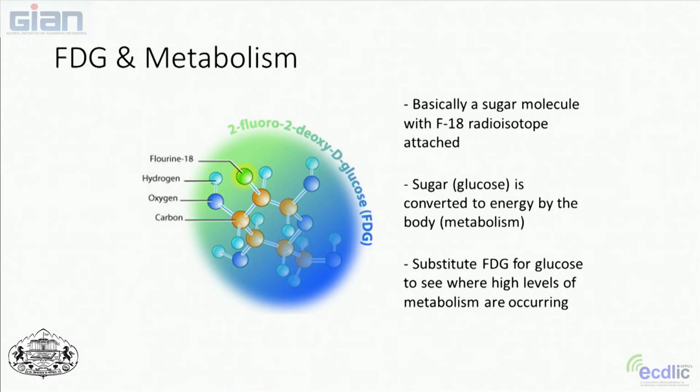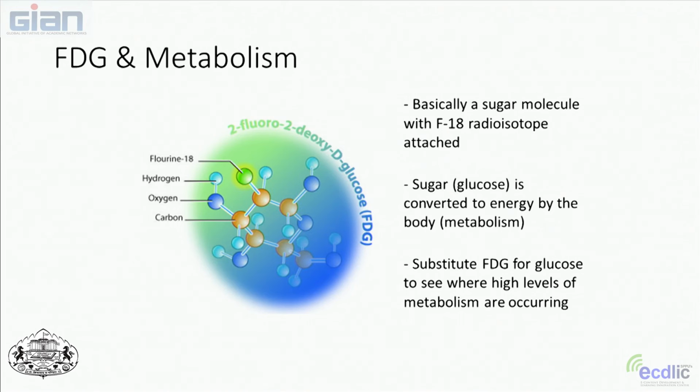So basically, FDG is a sugar molecule with F18 radioisotope attached to it. So it's mimicking the effect of glucose in the body. So we need glucose, which is basically a sugar, to convert energy in the body by the process of metabolism.